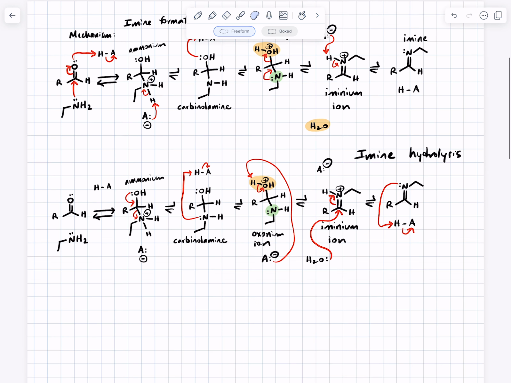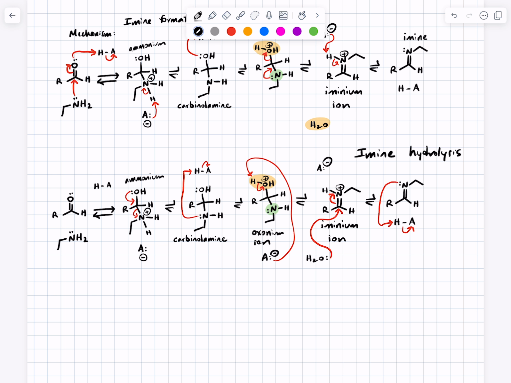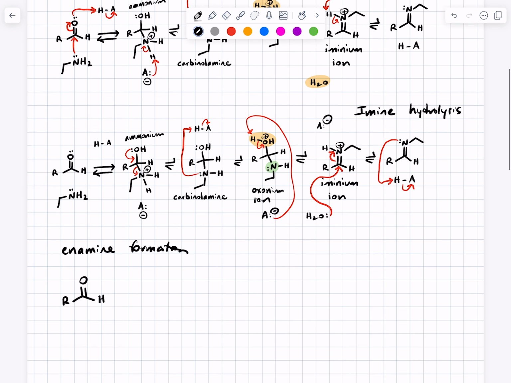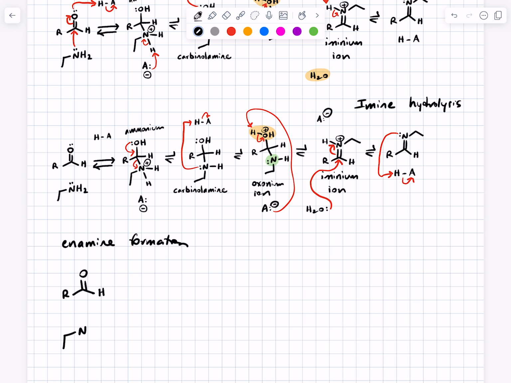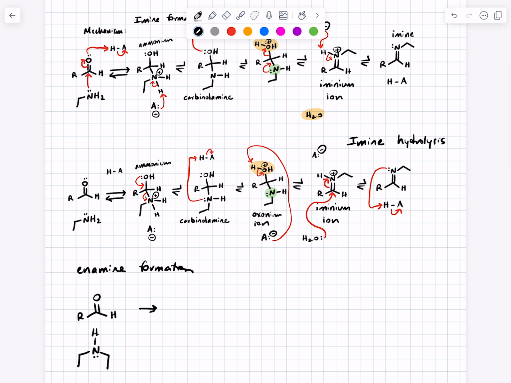So let's just take enamine formation. Recall, it will happen with aldehydes or ketones, but your amine ends up being a secondary amine. And you'll see why this is different as we draw the mechanism. So I think it would be a good exercise for you.